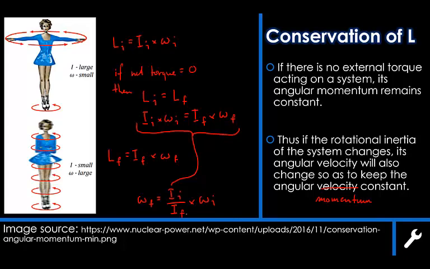So If is smaller than Ii, which makes Ii divided by If a number bigger than 1. When we multiply that by the initial angular velocity, we'll see that the final angular velocity will be bigger than the initial angular velocity. So this is a typical example where the conservation of angular momentum can help you deduce interesting information about the system.